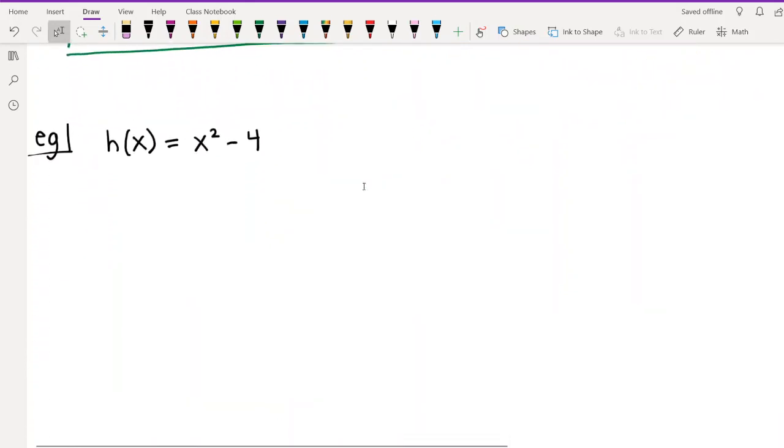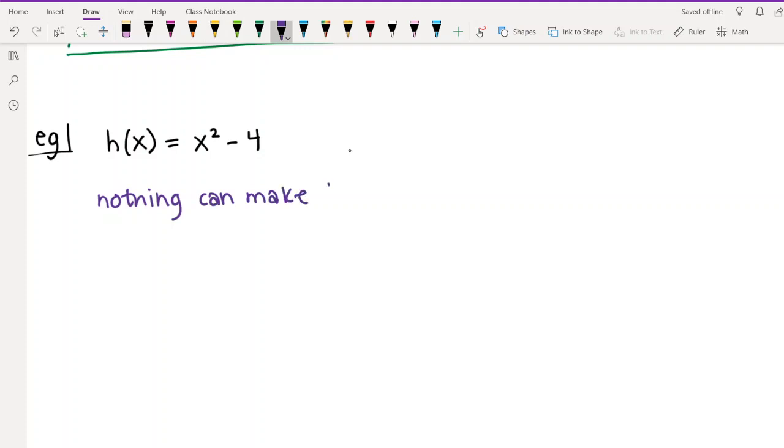Now, this function has no denominator, right? There's no fractions here at all. There's no square roots. So this is a function where basically nothing can go wrong. So nothing can make this function undefined. And really the reason for that is because, like I said, it has no square roots. It has no denominators with variables in it.